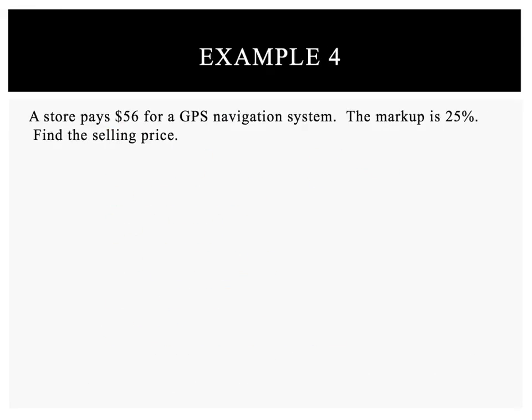Now, moving on to our last example, we know that a store pays $56 for a GPS navigation system. The markup is 25%. So remember, the store pays less than what the customer pays. Find the selling price. So we have to find the markup, and we're going to call that M. Remember, we use that part equals percent times whole.